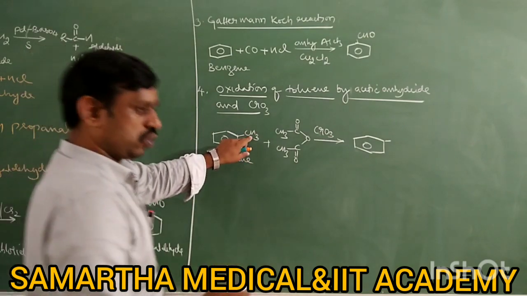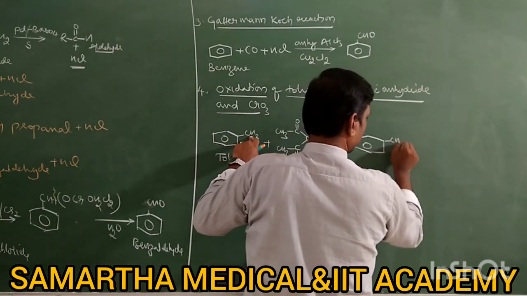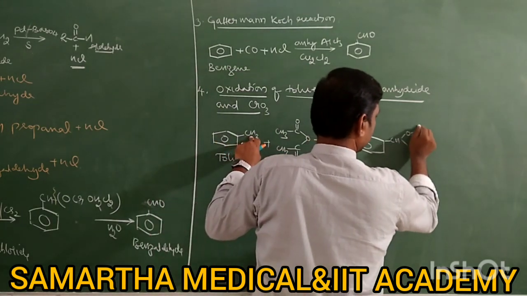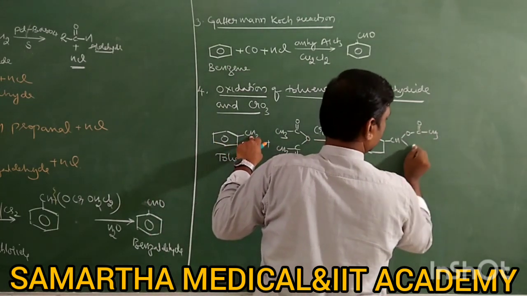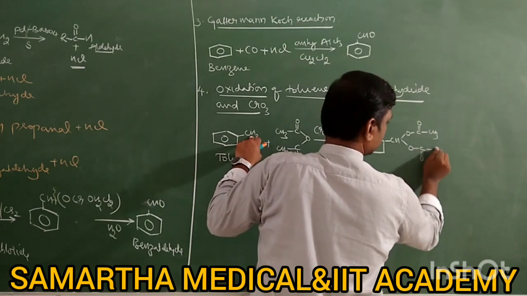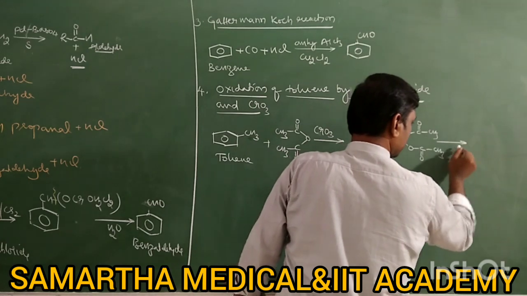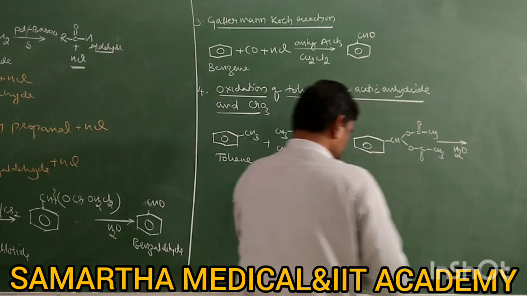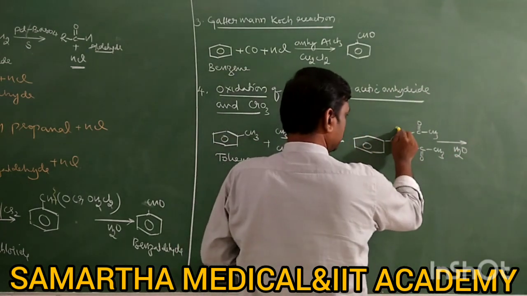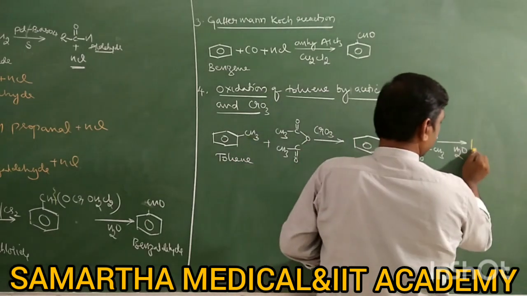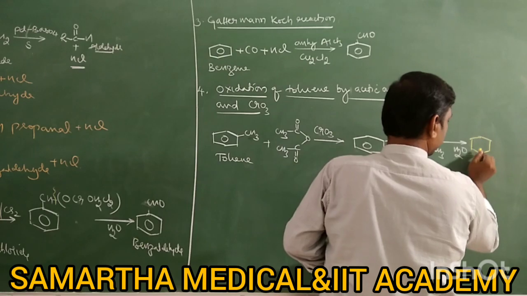You just remove 2 hydrogen, write 2 bonds. Then this is an acetate group. 2 acetate groups get substituted. Now this undergoes further hydrolysis reaction with water, and this bond is broken. Then finally you will get benzaldehyde as the product.